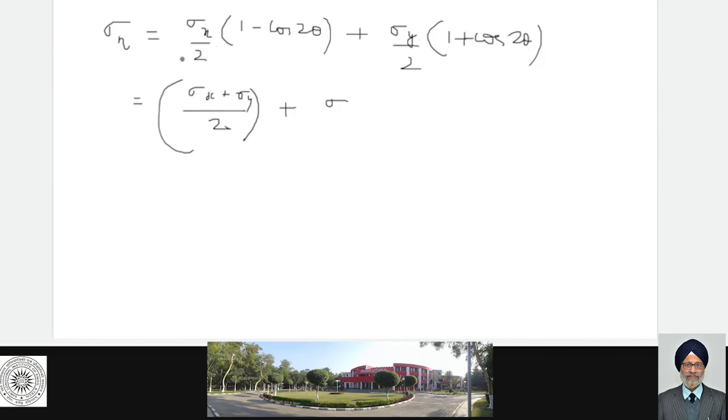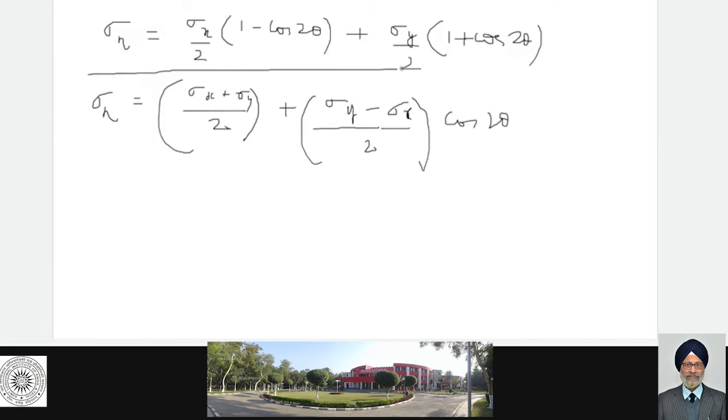Okay. So it is sigma x plus sigma y by 2, and here it will be sigma y minus sigma x by 2 into cos 2 theta. So it is a very important equation we have derived.